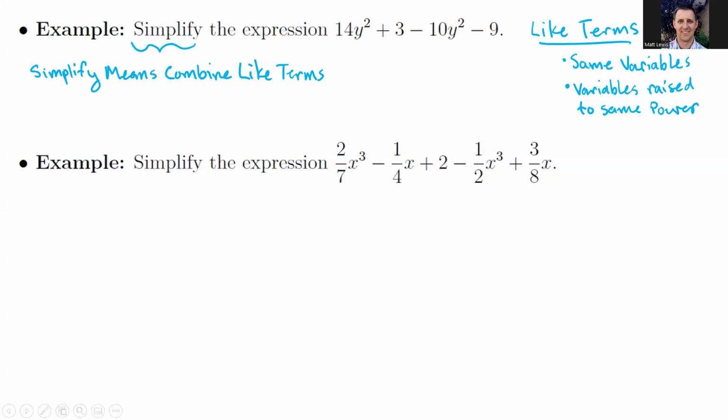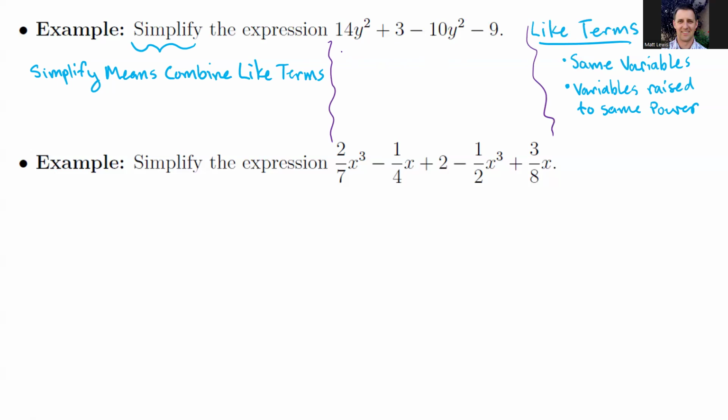So in this example, I can see that I have 14y squared and minus 10y squared. Those are like terms, right? They both have y's, and those y's are both raised to the second power. And the 3 and then minus 9, those are like terms because they don't have any variables, and so they match up with each other.